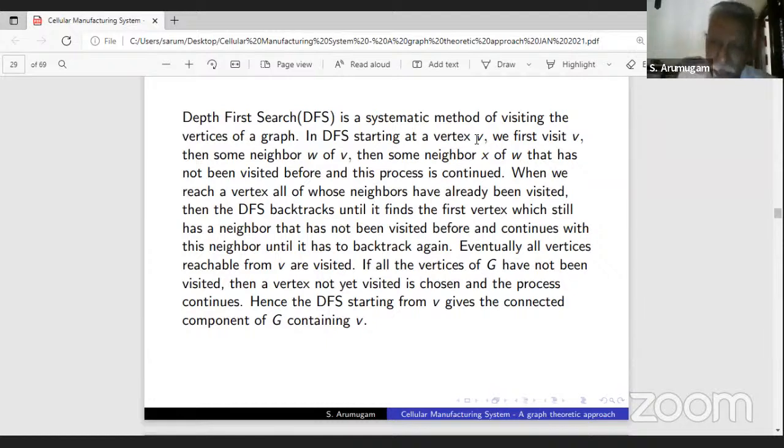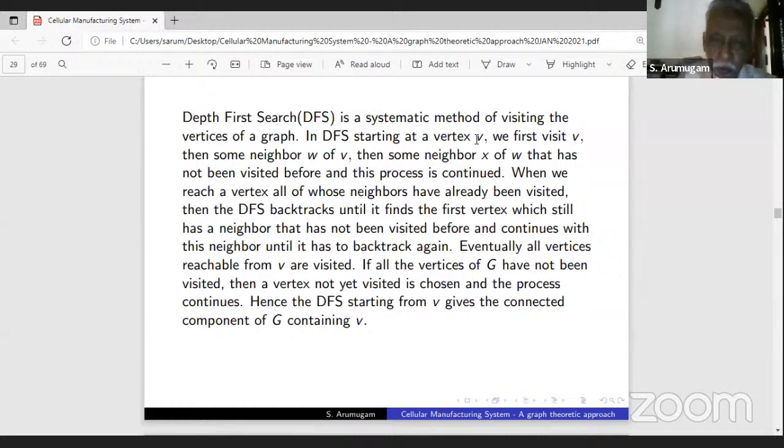If you reach a point where all the neighbors have already been visited, you backtrack. Use the same path for going back. If you travel from V1 to V2, V2 to V3, V3 to V7, V7 to V9, in backtracking you must go V9 to V7, like that. The same order you should preserve.